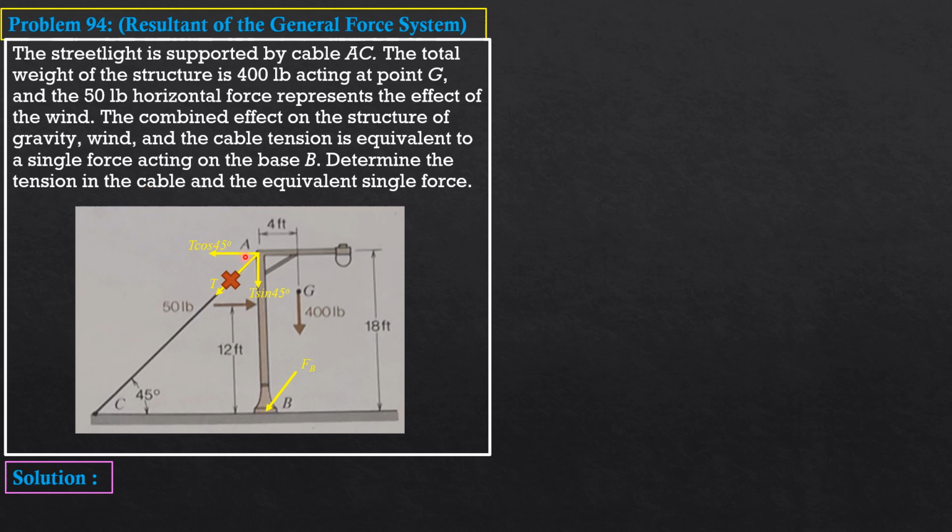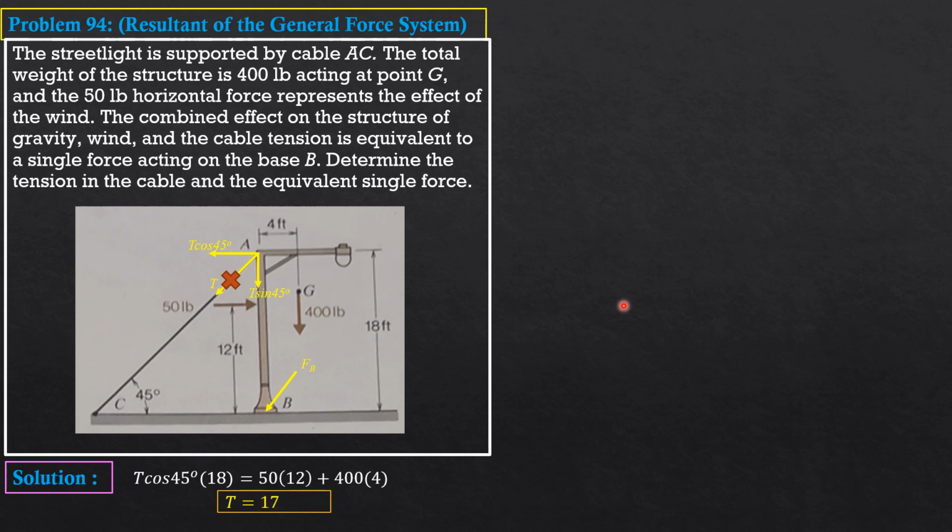So considering counterclockwise positive, we have T cosine 45 times 18, then the vertical component 0, then minus 50 times 12, equals 50 times 12 plus 400 times 4. So T cosine 45 times 18, that's counterclockwise, equals clockwise moment.